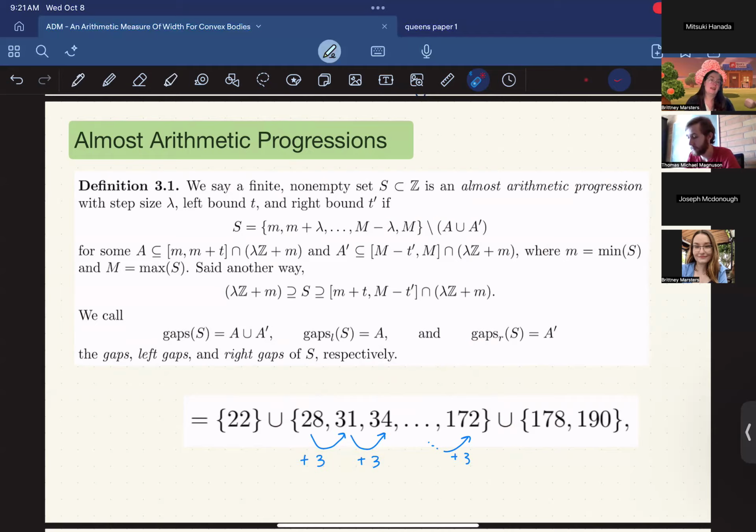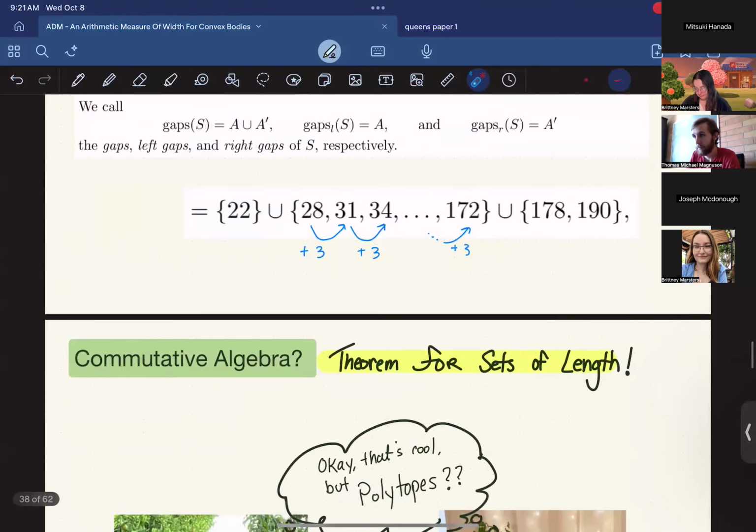All right? So that's really what this paragraph here is saying. We also can talk about these in terms of their gaps, right? If you know where it starts and where it ends, and you know your step size and your gaps, you can recover this as well. All right. And that's something we're going to use in a second. Okay. So for our first main theorem, this idea of almost arithmetic progressions is going to come into play.